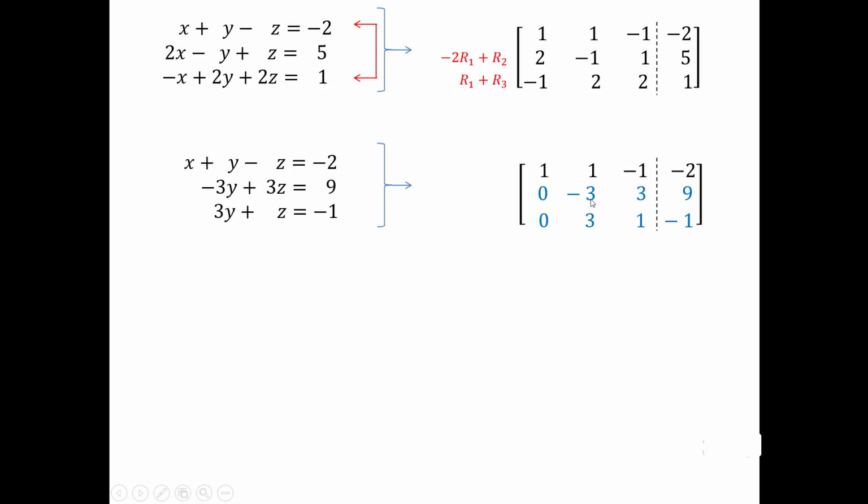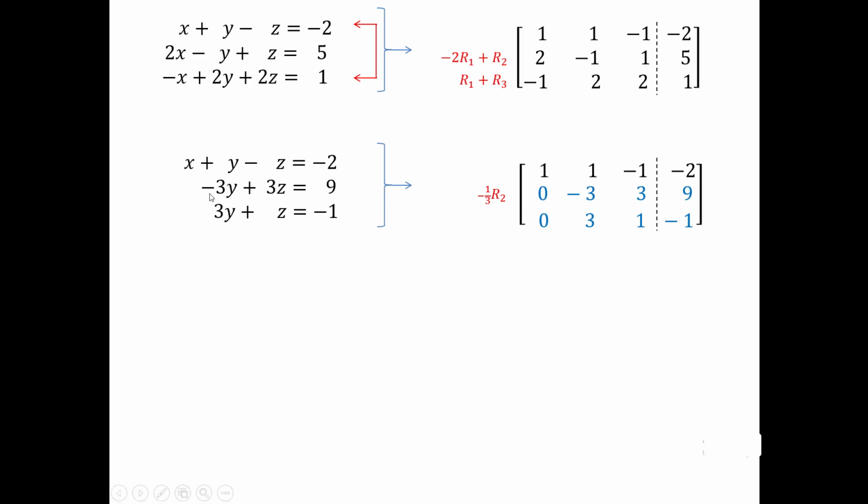Well, in order to make this into a 1, I could multiply by something that's going to make it 1. And secondly, I noticed that all 3 of these numbers are all divisible by 3. So why don't I just take row 2 and multiply by the reciprocal of -3, or multiply by -1/3. Notice what that does.